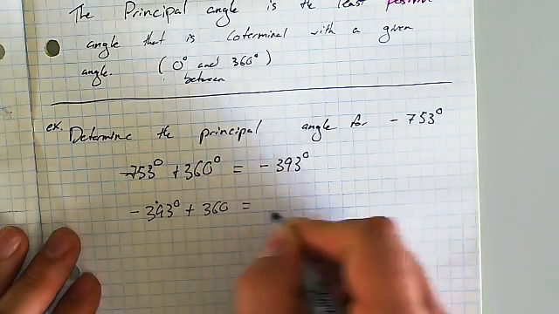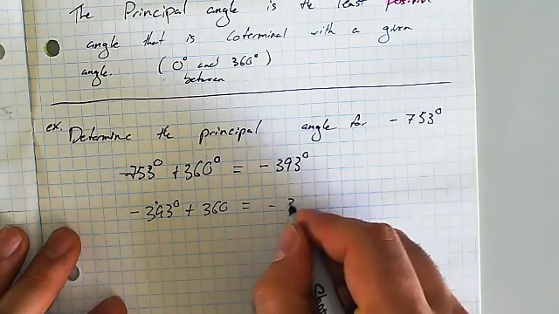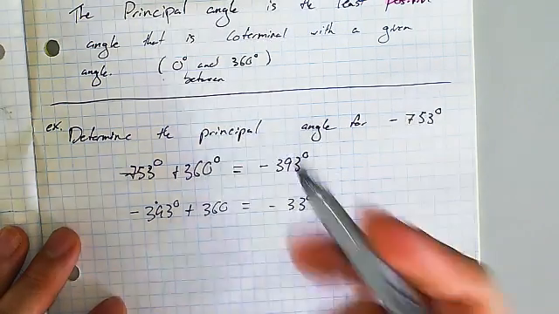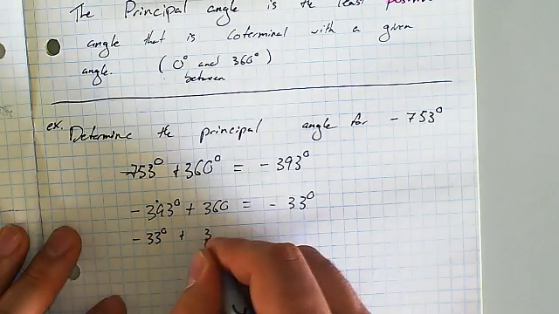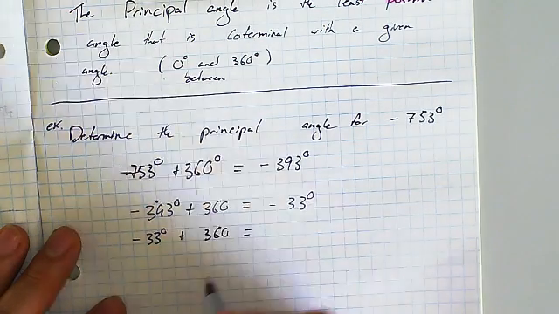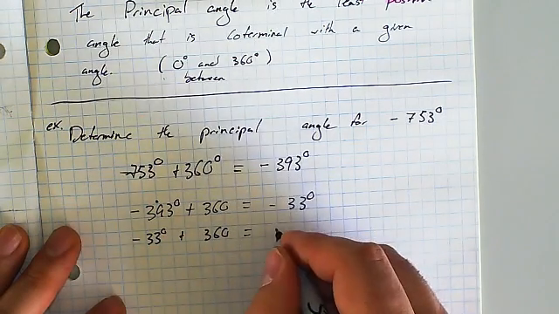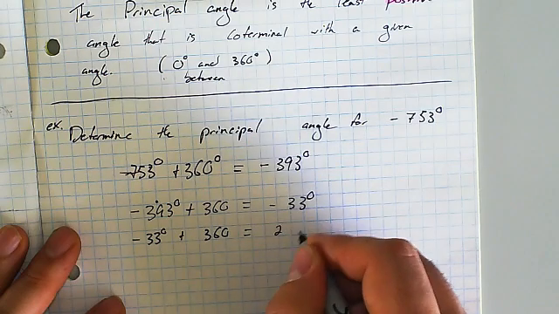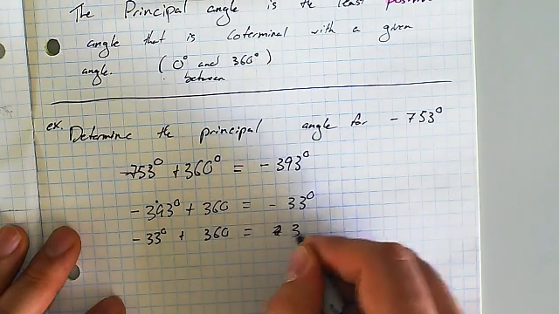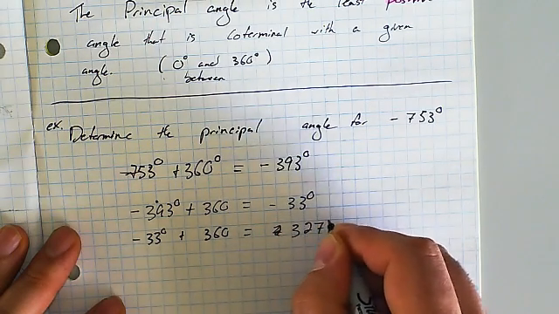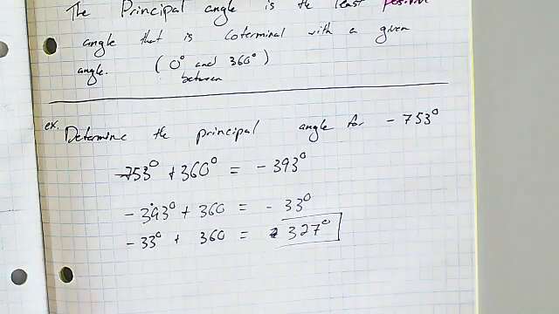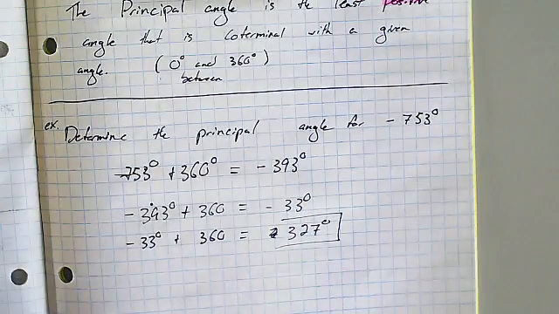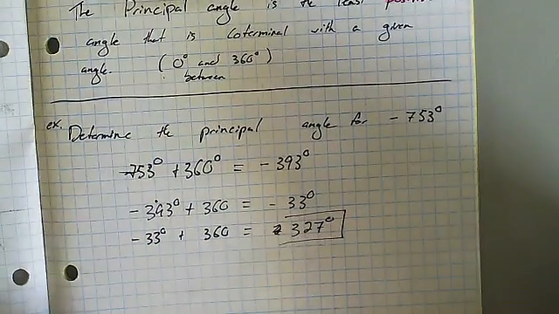Negative 393 degrees plus 360 gives us negative 33 degrees. Again, not positive, so we're going to do one more lap around. We're going to add 360 to that, and we're going to get a positive 327 degrees. And that is our principal angle.